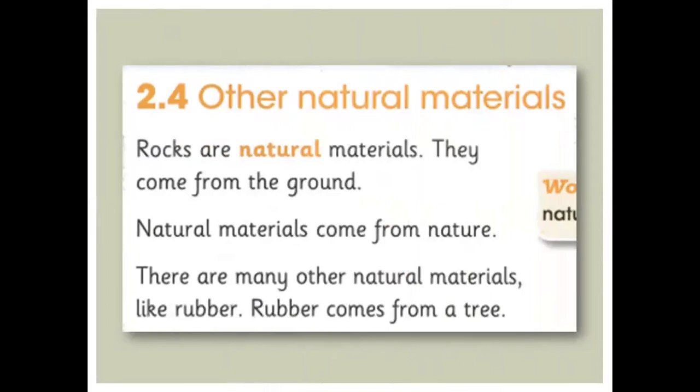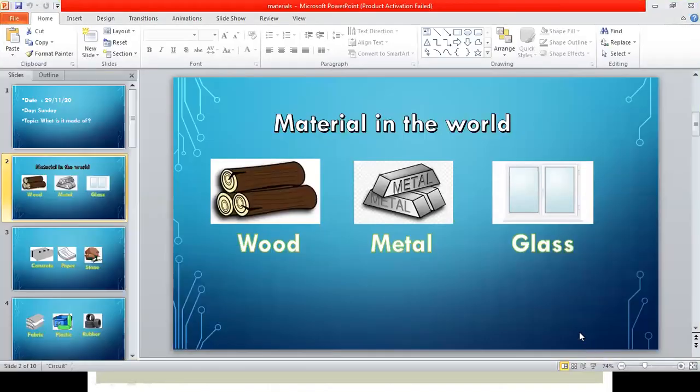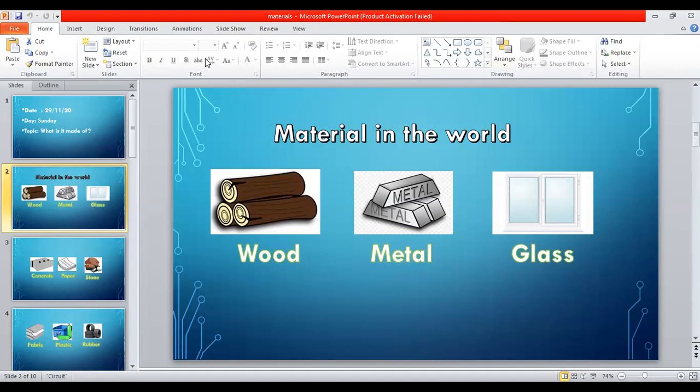So materials are different types. Before we start our lesson, I want you people to understand what materials are. It will be revision for you people. So in the world, there are different materials.